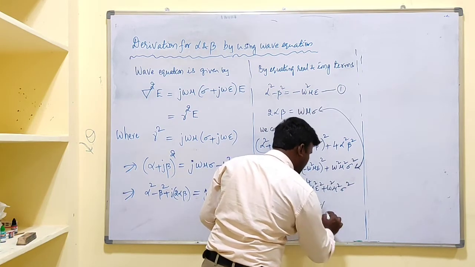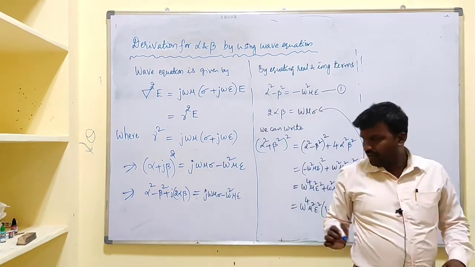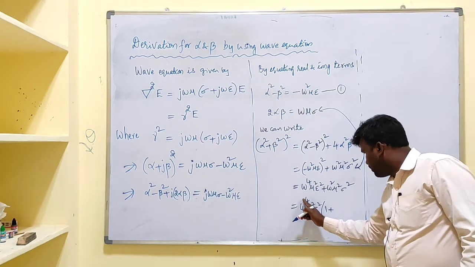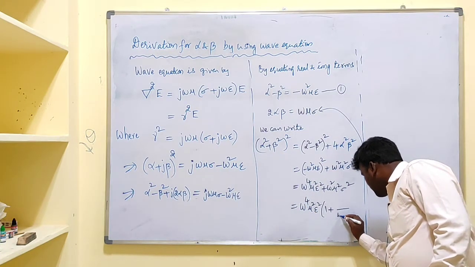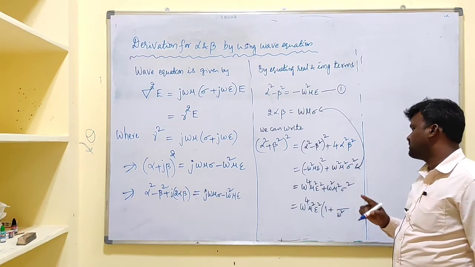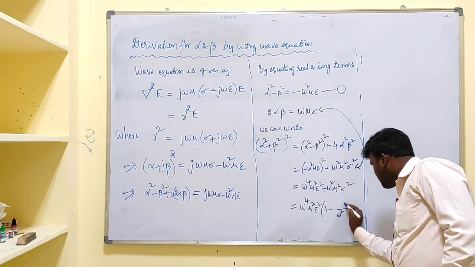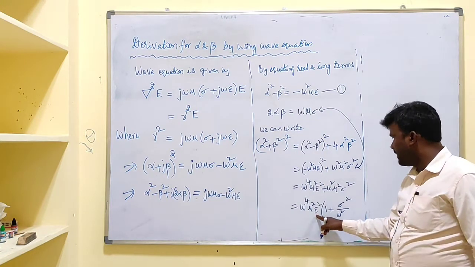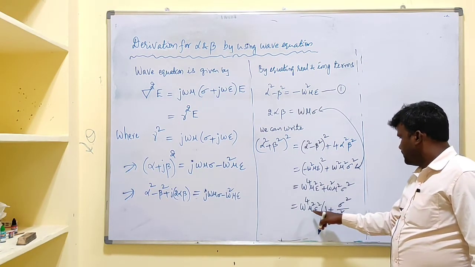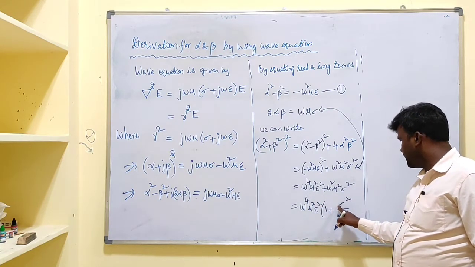If I take this one as common, I will get the remaining term as 1 plus... Here I have omega square, but I have taken omega to the power 4 as common, so 1 by omega square. Omega to the power 4 by omega square gives omega square, and mu square is taken as common. The additional term here is sigma square, and omega to the power 4 by omega square gives omega square into sigma square.